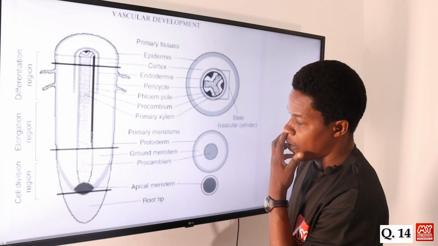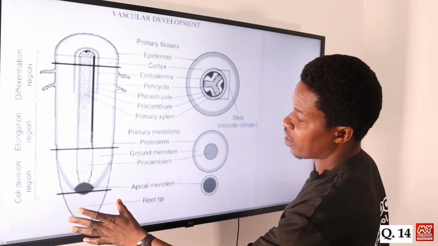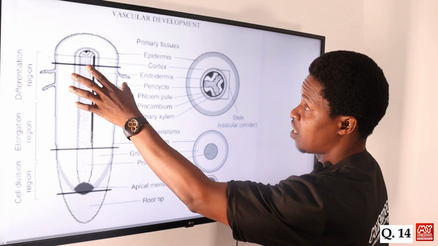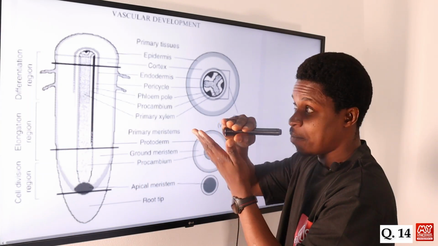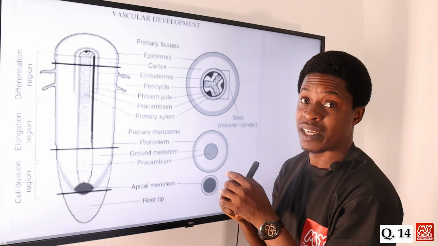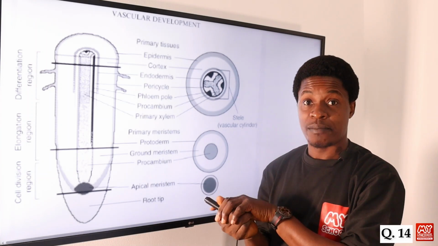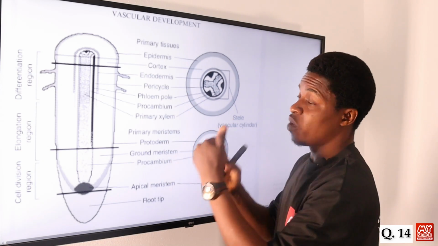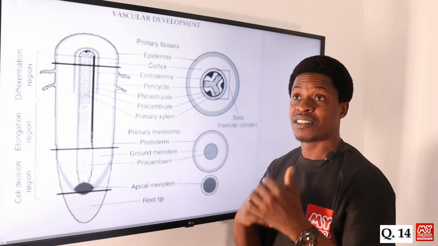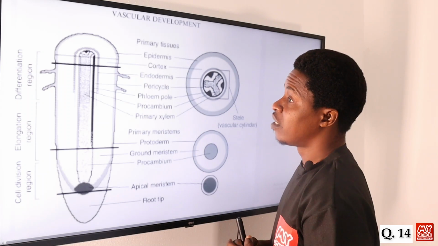So you can see here the different regions we can have in the plant. Let's say the stem of a tree, of a plant that is cut off. Because when we talk about vascular development, we're talking about the vascular bundles, and usually those are the xylem and the phloem, where minerals, water, and nutrients are moved from one part of the plant to the other.